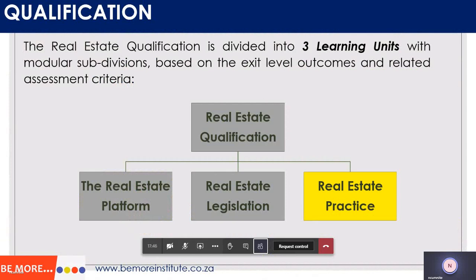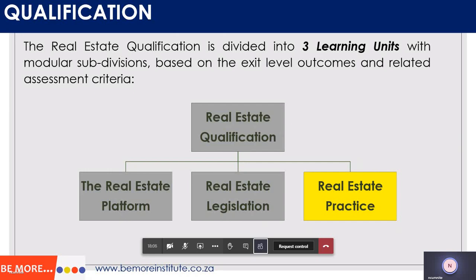Like we always do when we start a new section, we call them the learner units. The learner unit that we'll be covering today falls under the division called the real estate practice.